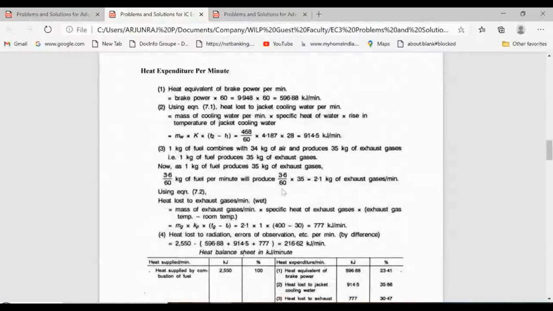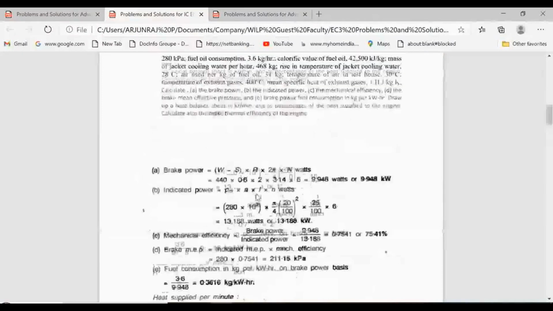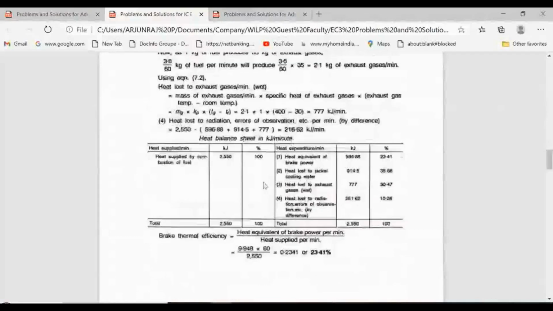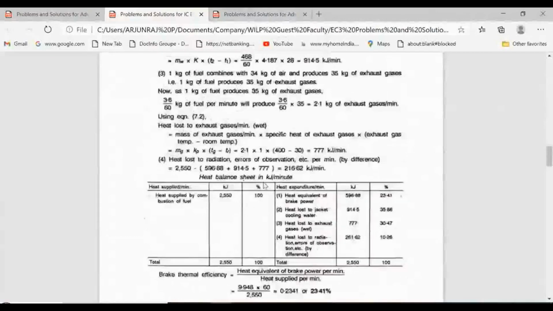Okay, 35 again you need to divide by 60 into the mass flow rate of the fuel. They have given the mass flow rate of the fuel as 3.6. In the last problem they gave us the air-fuel ratio, so we are adding that, and here similarly you have to add 1 plus 34, which will give you 35.